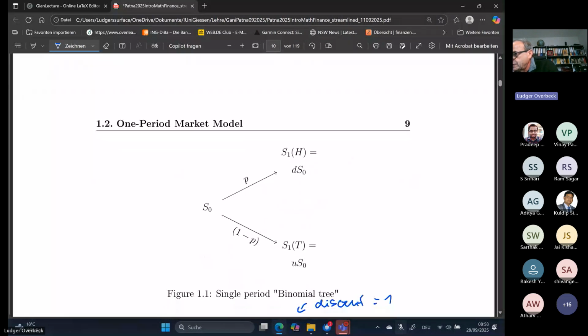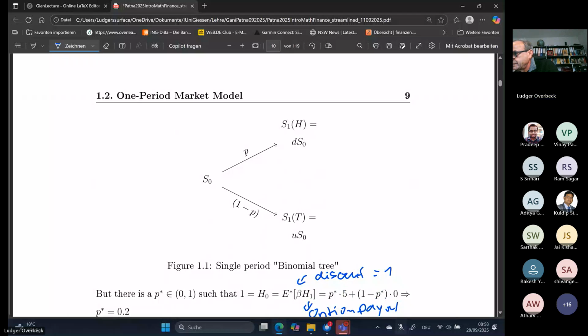That's now our model. We ignore P, but that's our up value. So here's U, and here's down.